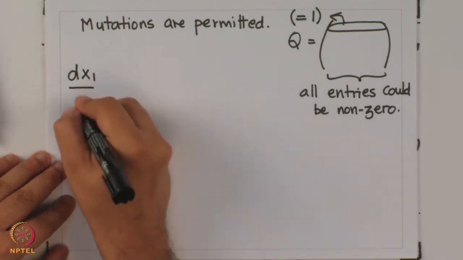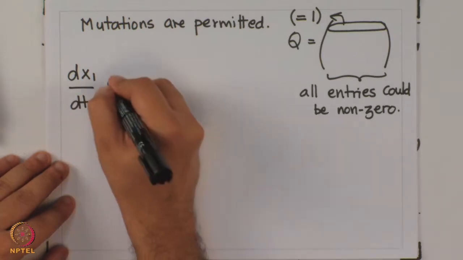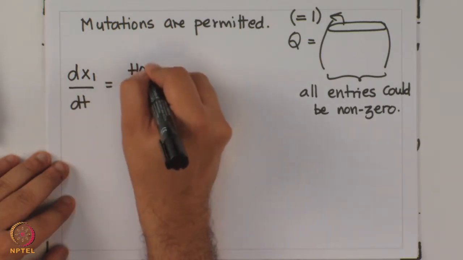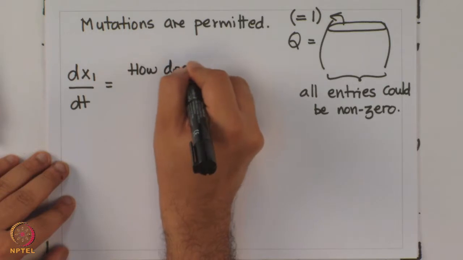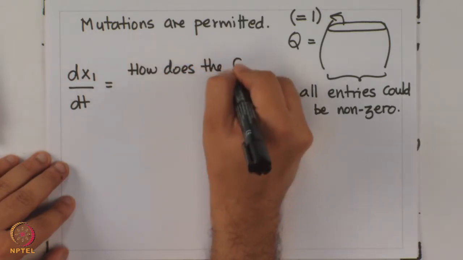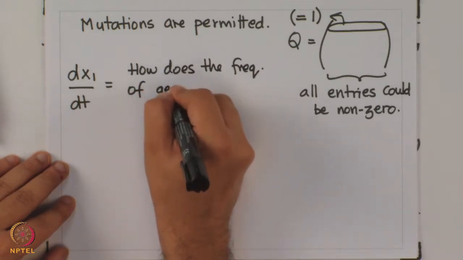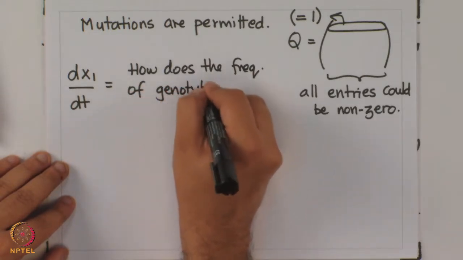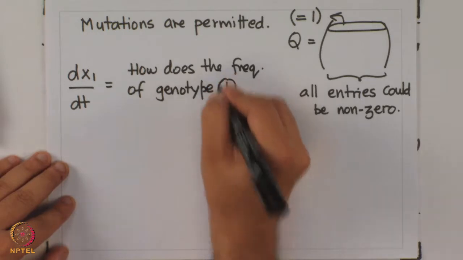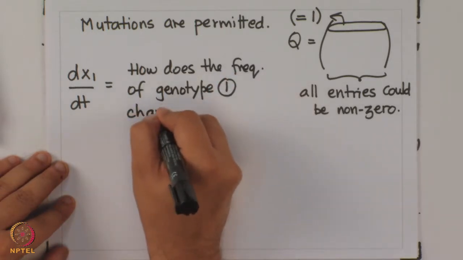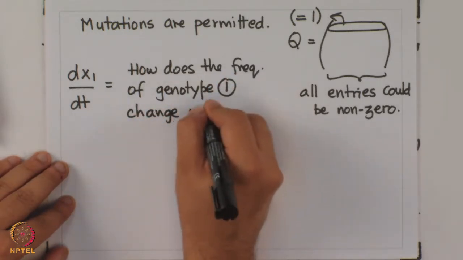how can we write dx1 by dt, which means how does the frequency of genotype 1 change with time.